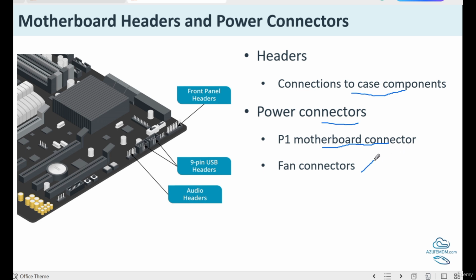Fan connectors. Small 3 or 4 pin headers where case and CPU fans connect for power and speed control. This is the diagram which clearly shows the front panel headers, 9-pin USB headers, and audio headers.